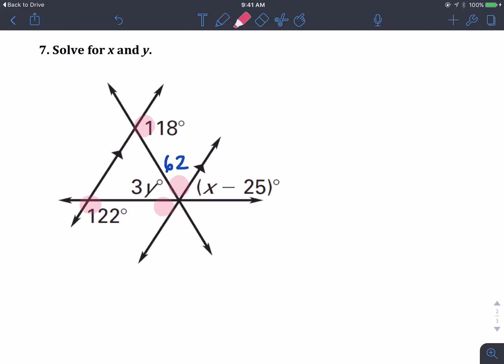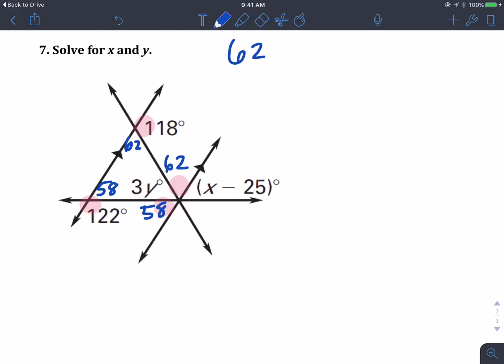So 180 minus 122, we get 58. And then lastly, and there's a couple ways to think of it. So because of linear pairs, this angle is also 62, this angle is also 58, and now I've got a triangle. So we know within a triangle, angles have to add up to 180.